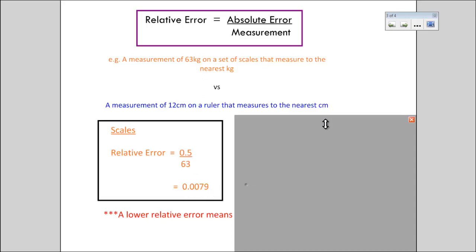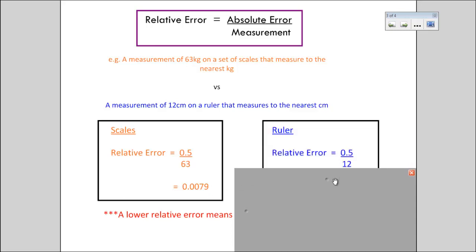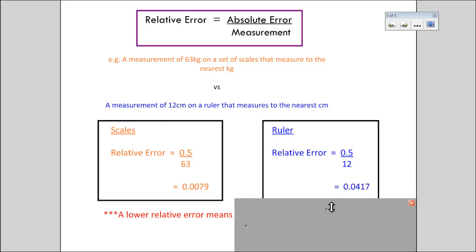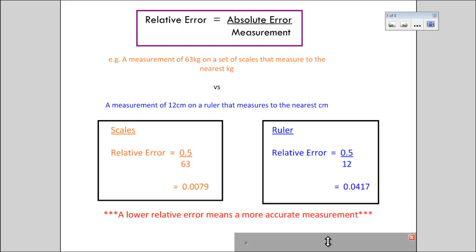Okay, for our ruler, our relative error again, 0.5, divided by the measurement that we got, 12 centimetres, we end up with 0.0417.